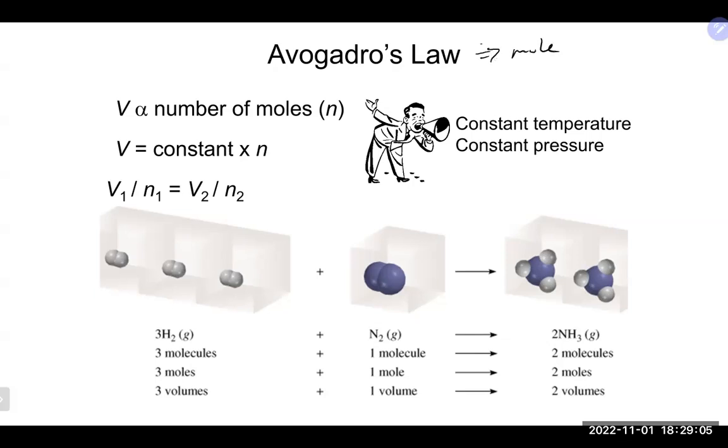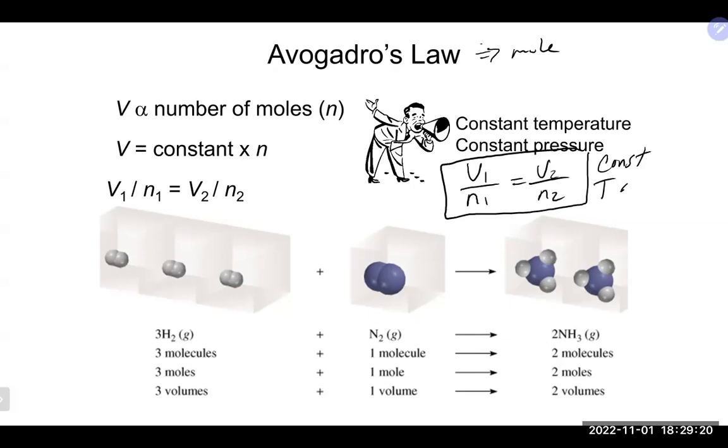So not surprisingly, his gas law actually deals with moles and volumes. And it is V1/N1 equals V2/N2. And this is at constant temperature and pressure, where N is the number of moles of the gas.